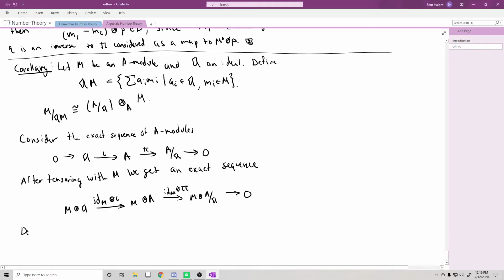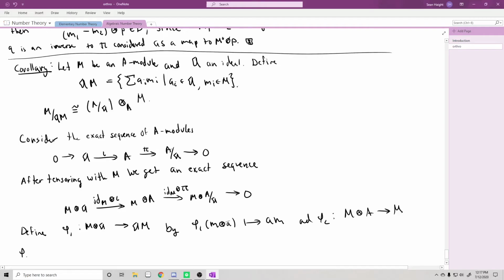So define varphi 1 from M tensor A to the module A with coefficients in the ideal A. I'm going to send a little m tensor a little a just to the product am, and varphi 2 is going to go from M tensor A to big M, and it's basically defined in the exact same way, but this time a can be in a larger set.